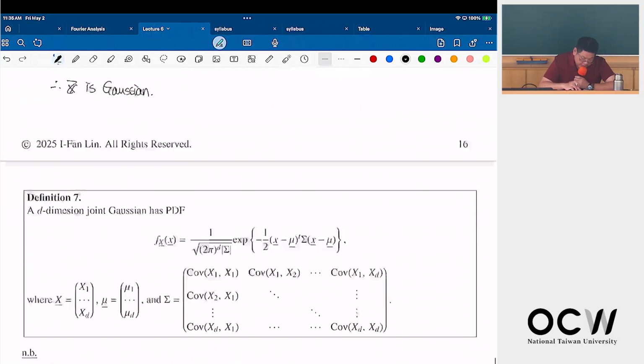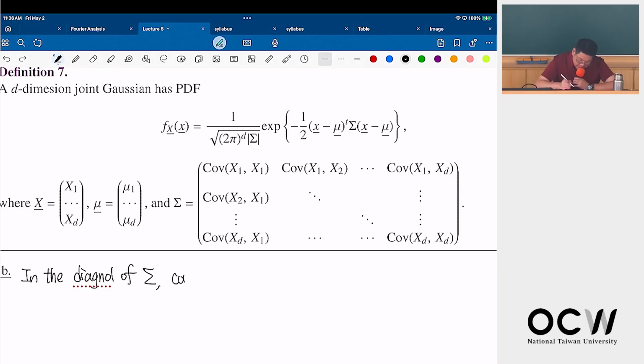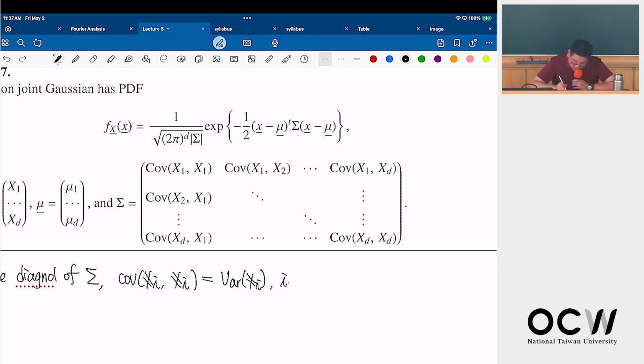So here's the note: in the diagonal of this sigma, the covariance of xi with itself, if they are the same, is the variance, for i from 1 to D.